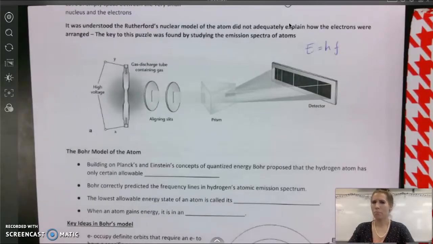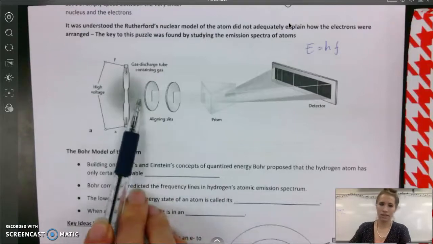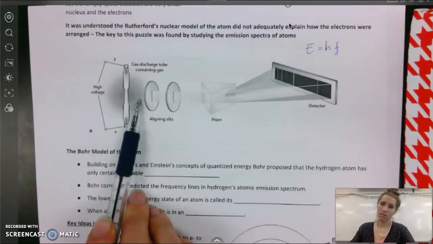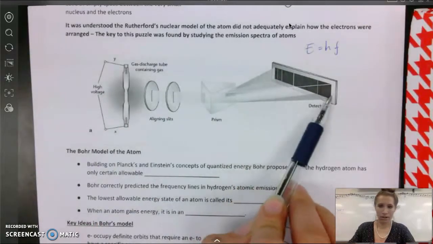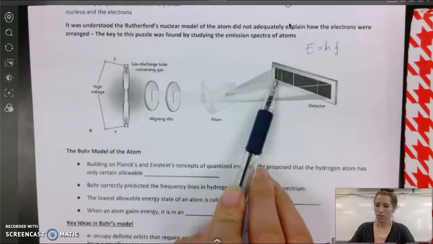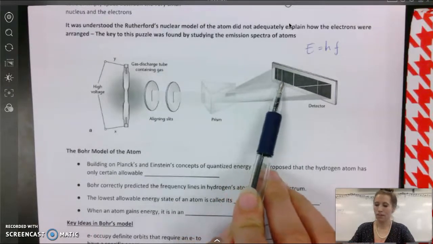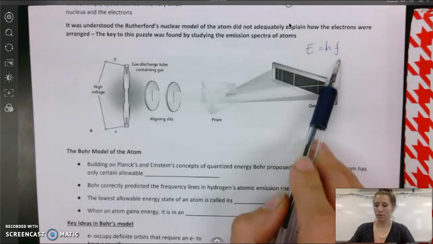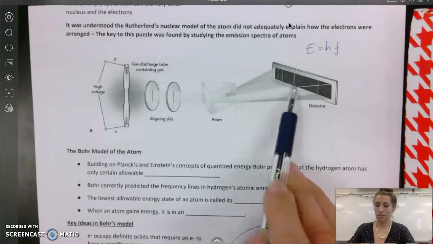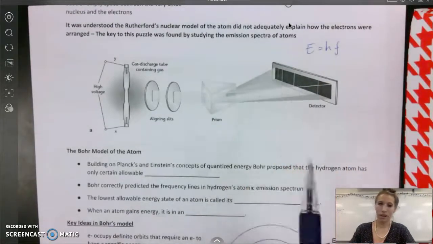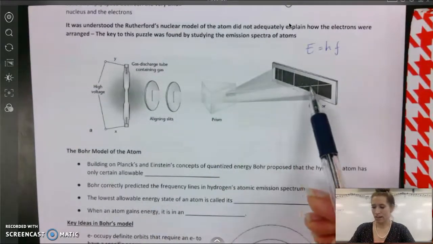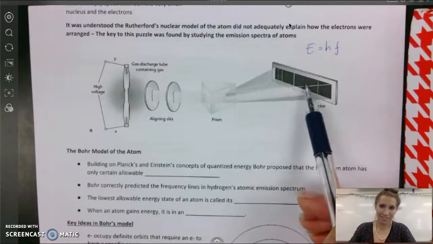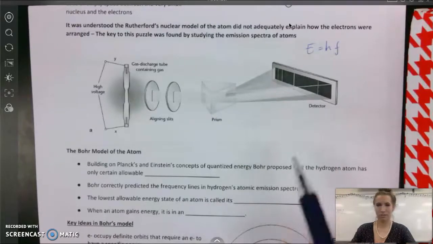So that must mean that the light being emitted by this gas was not photons all throughout, but photons with very specific energies. And that's why we saw very specific frequencies. We were not getting photons emitted from this gas with an energy in between. They weren't being detected, they weren't seen.